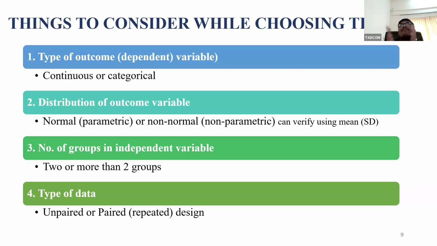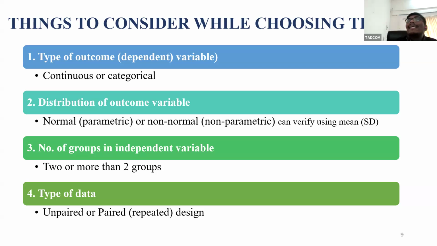If it is the same population, before intervention, after intervention, or repeated measures in the same population, it is known as paired. Say, for example, hemoglobin levels during the antenatal period and in the postnatal period. Likewise, if we measure repeatedly, it is known as paired measurements.